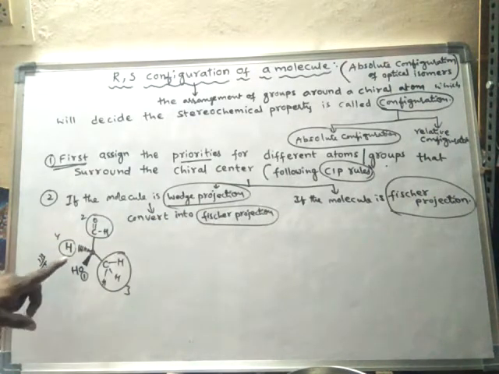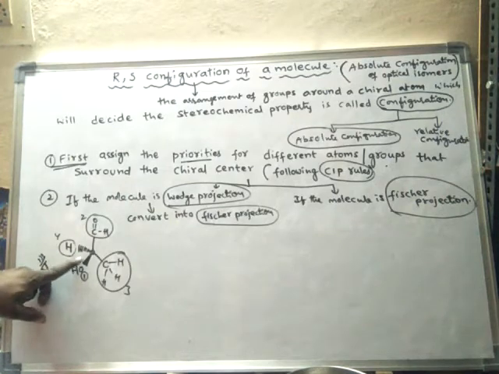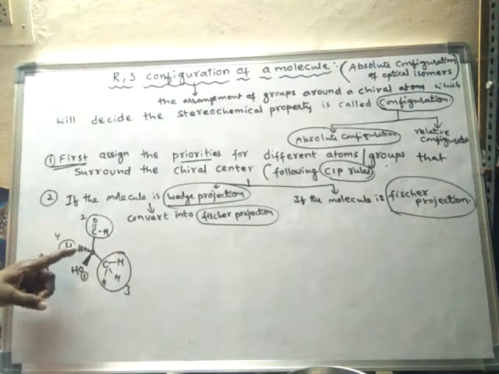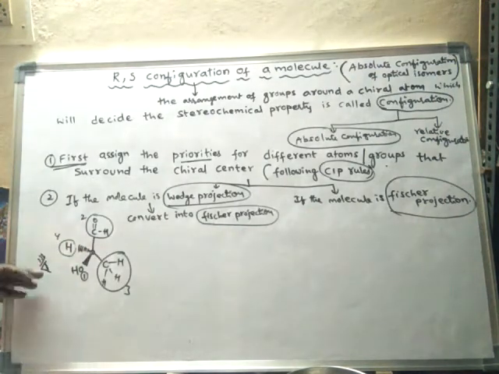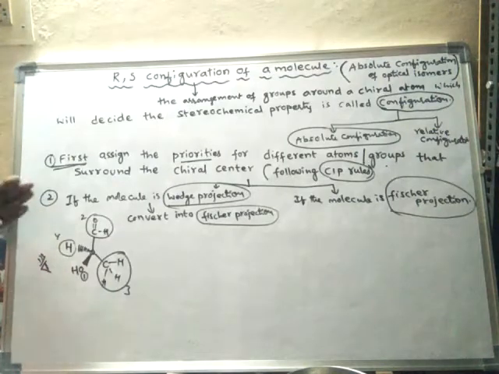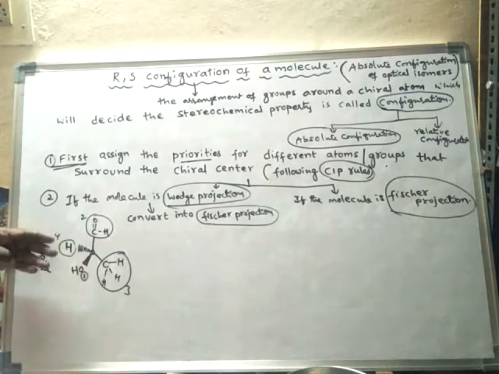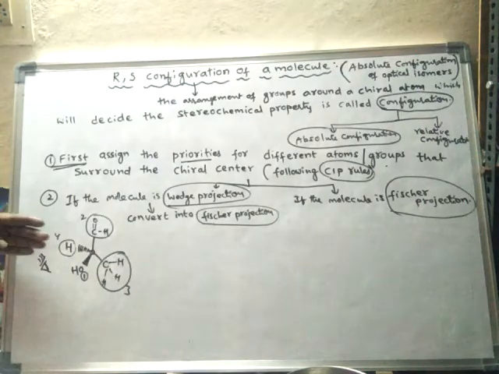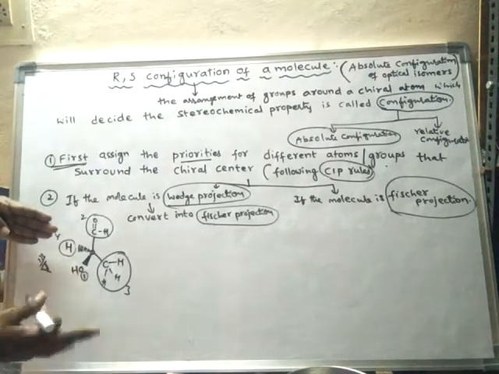See, here we have to look at the two wedges, and the one which is away. So here, which one is the lower priority group? This is the left side, and this one is the right side.